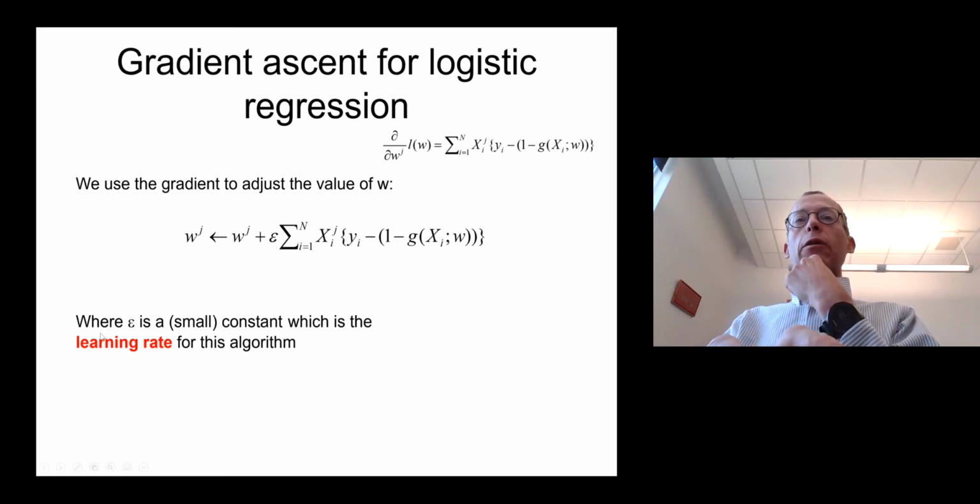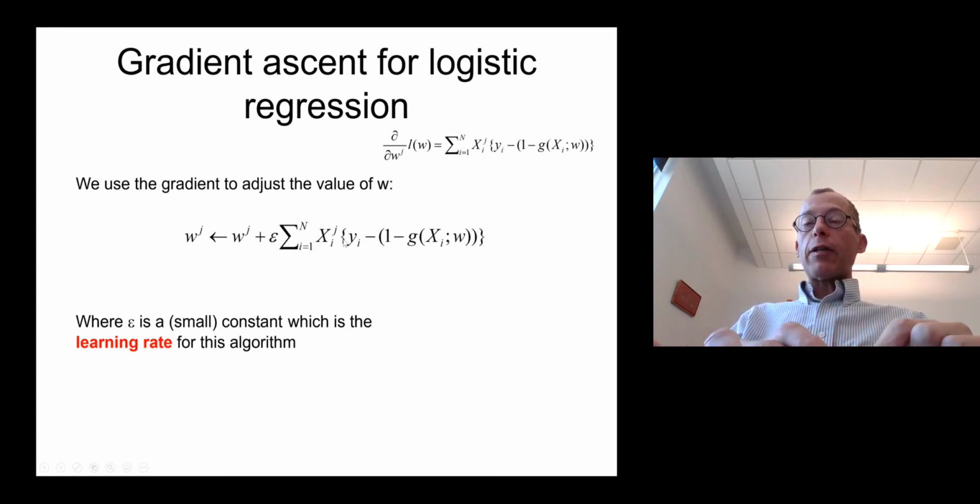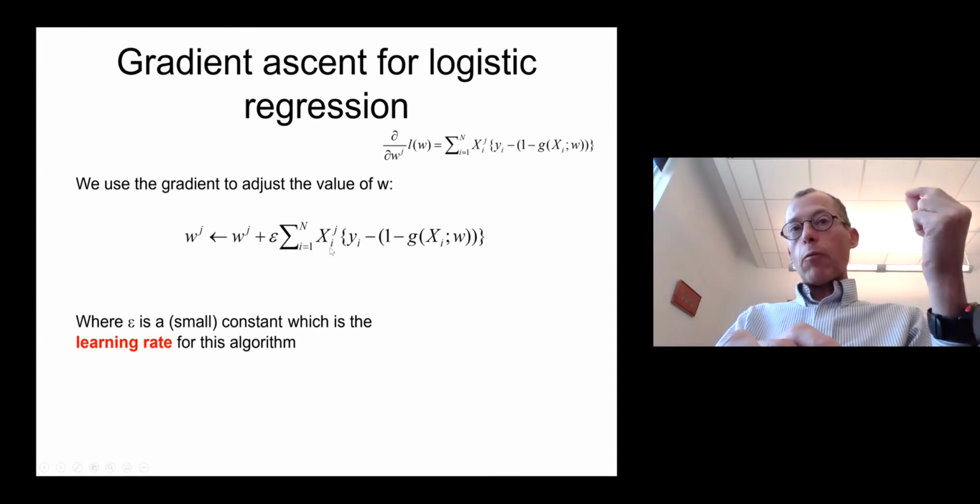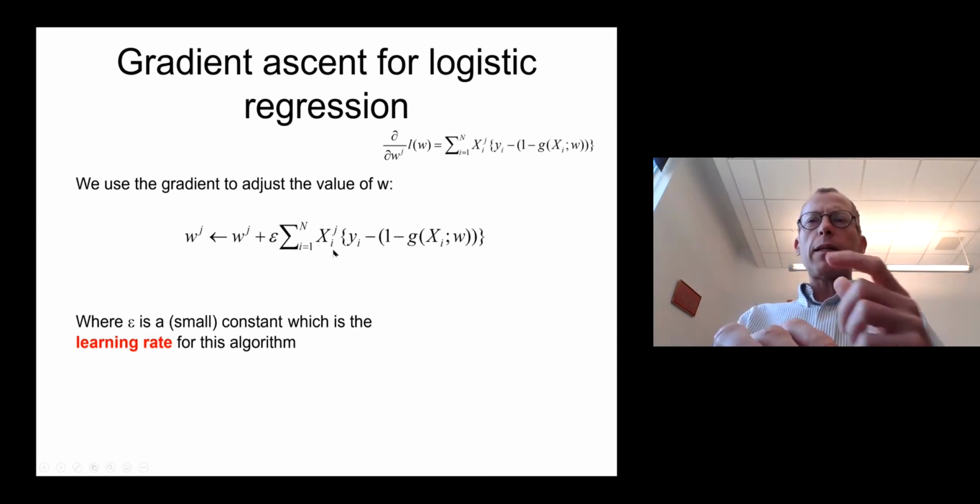We compute the derivative for W, which is this value here. This is the derivative we computed for the log likelihood, but it doesn't matter; when we find the derivative, this is what we found.